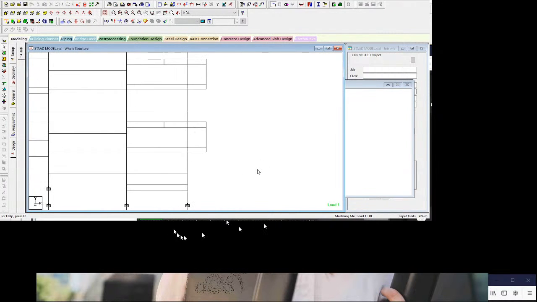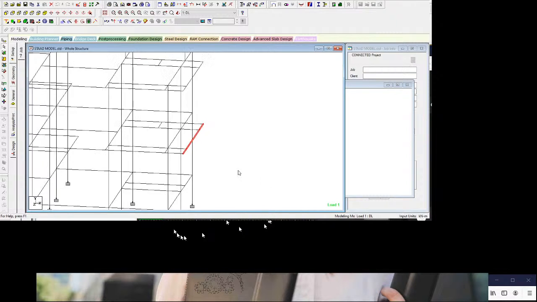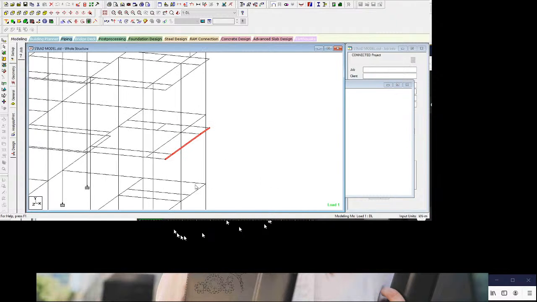When load comes at this beam, the total load is distributed by this slab, from this beam to this slab, and then to this column.